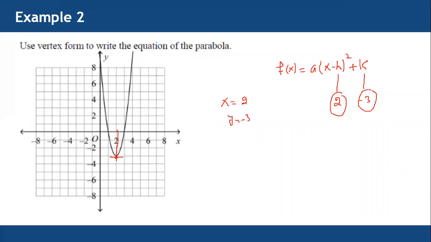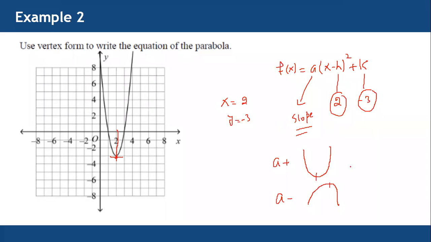So, sir, what is a representing here? Actually, a is the slope, and this represents the behavior. If a is positive, the graph opens upward like this one, and if a is negative, the graph will open downward.